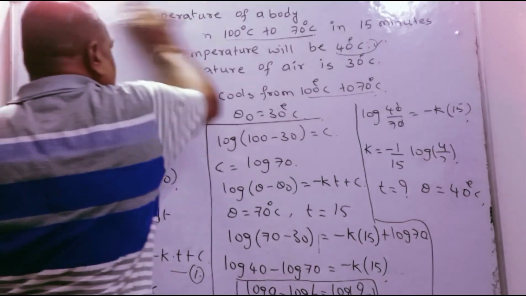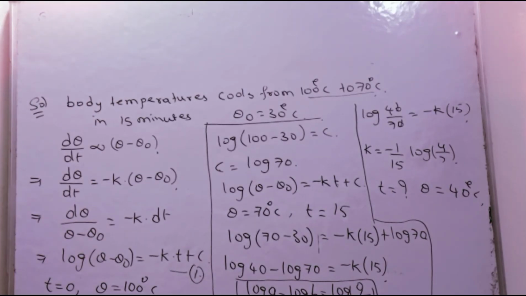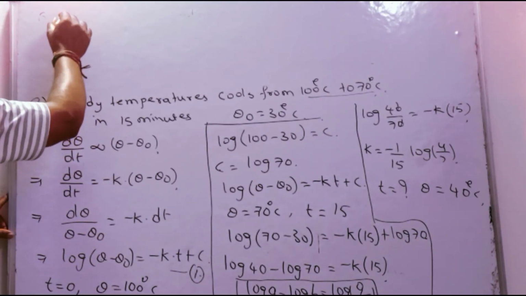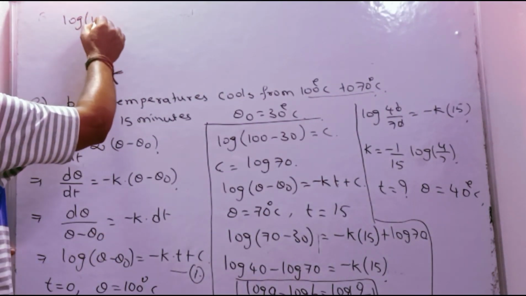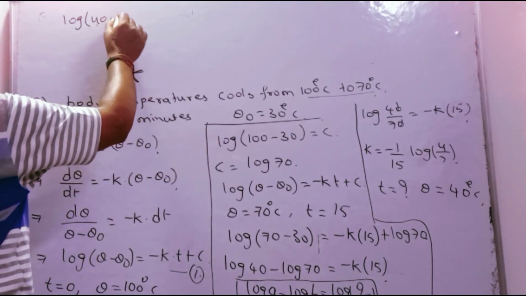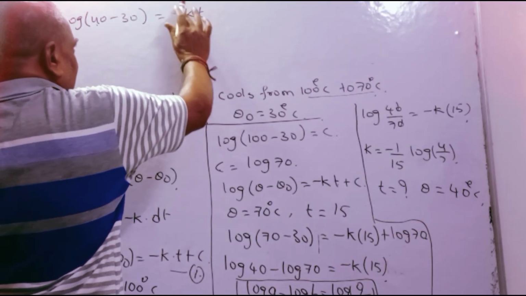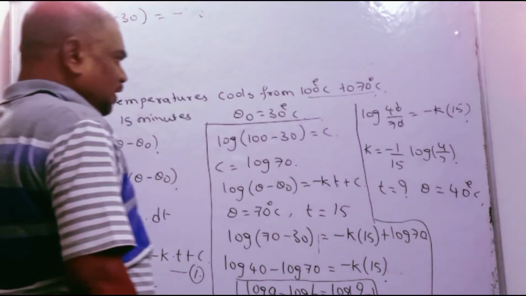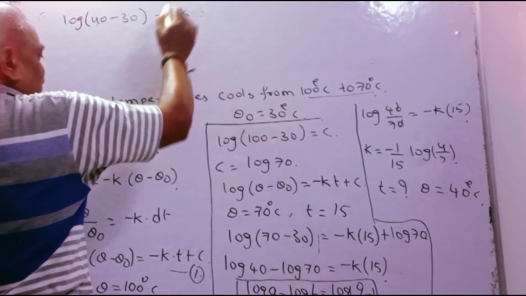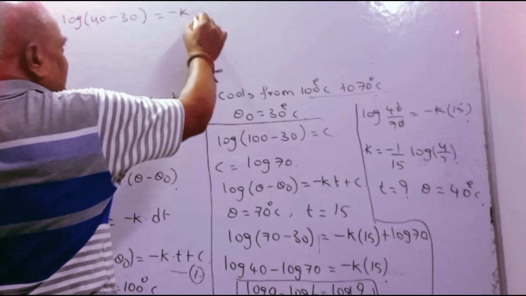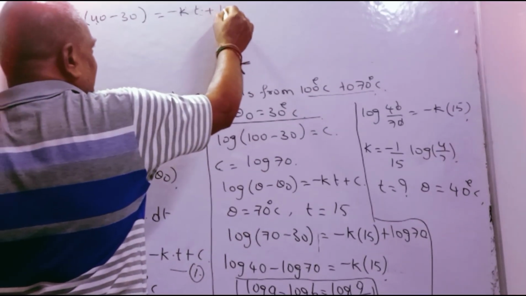Here log of (40 minus θ0, 30) equals minus k into t plus c value. What is the c value? Log 70.